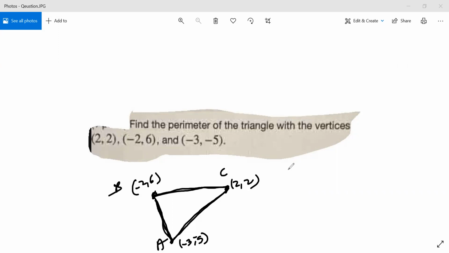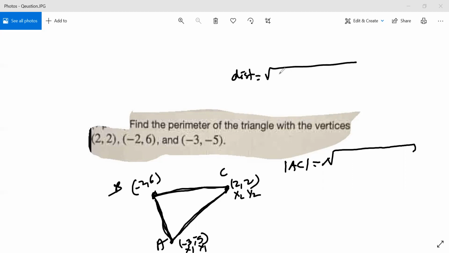So I'm going to find, let's say, distance AC. Distance AC is going to be the square root of, using the distance formula here, where this is x1, y1, and this is x2, y2. The distance formula is the square root of (x1 minus x2) squared plus (y1 minus y2) squared.